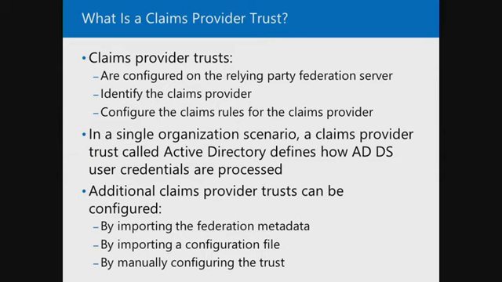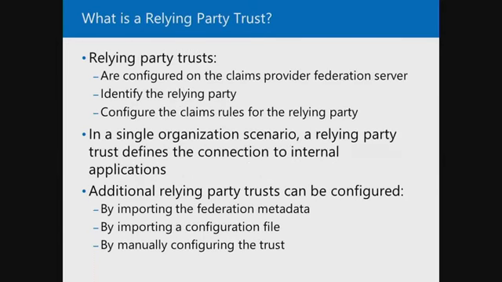Additional claims can also be provided by trusting these different parties during the setup of ADFS, either by importing new Federation metadata received from the trusting party, by importing a configuration file specifically given to you by a particular Federation party, or by manually configuring the trust. So again, this is when you want to establish a business-to-business relationship between your two different organizations.